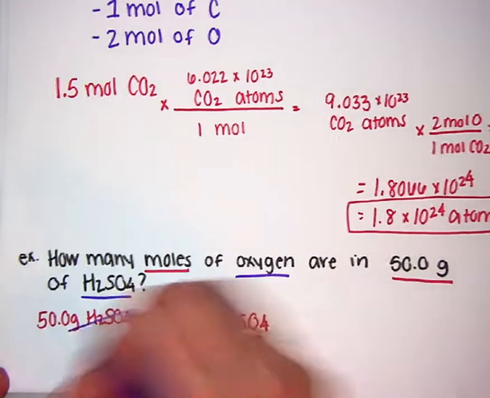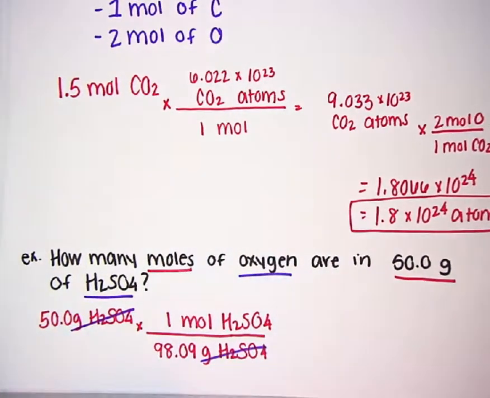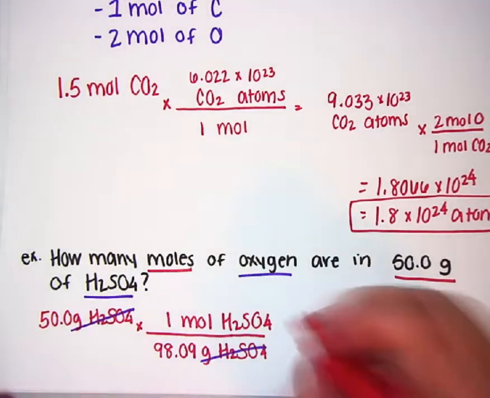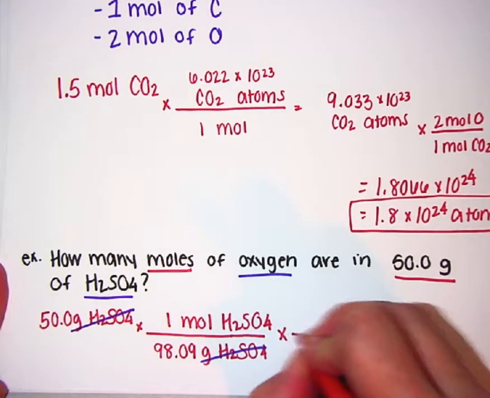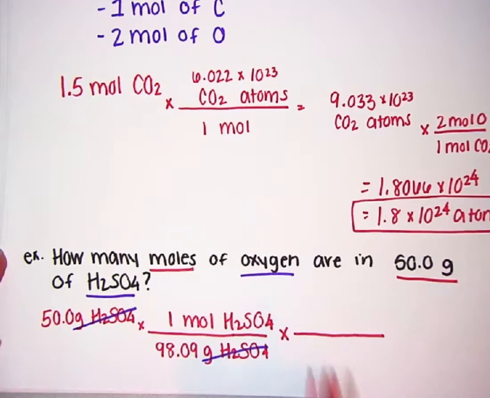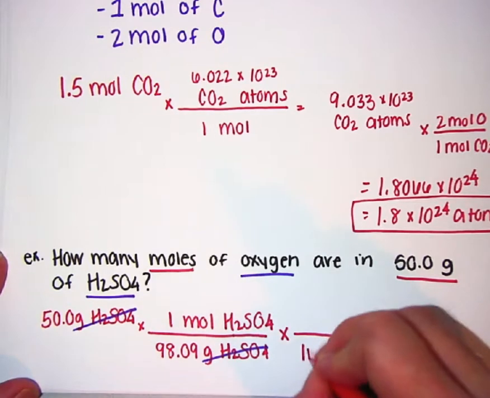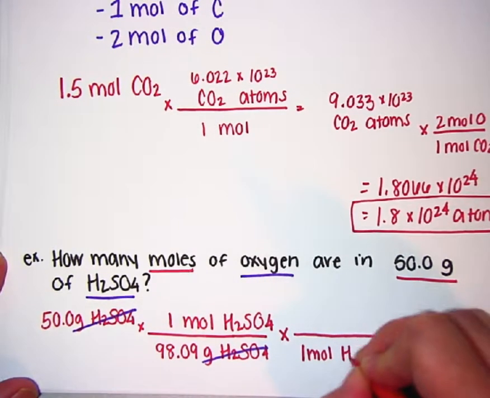So now grams divided by grams are going to cancel. We can just make this into a 2-step problem. Both the unit and the substance cancels. So moles of H2SO4 will go in the denominator.